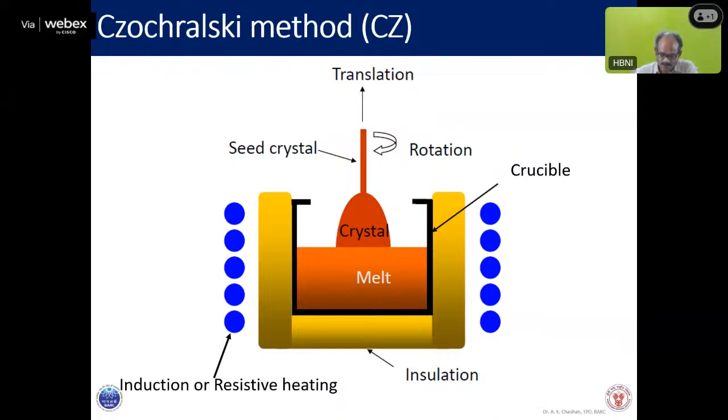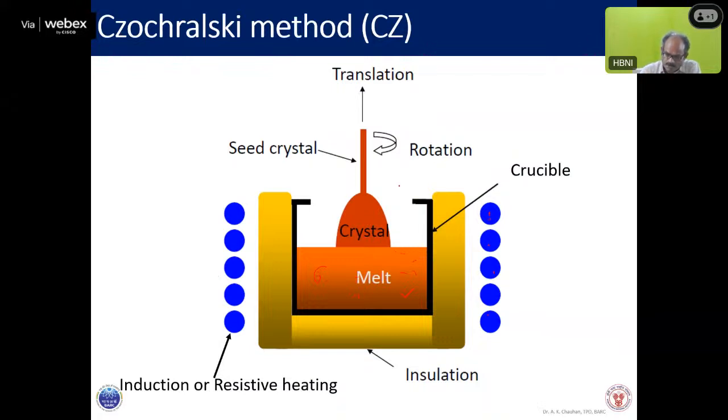This is the Czochralski method, in which you have a container or crucible, and inside you keep your material, and then suppose you have placed the material here and start heating. These are the heaters. Once you have heated and the temperature of this material has gone above the melting point, the entire mass will be in the molten state.